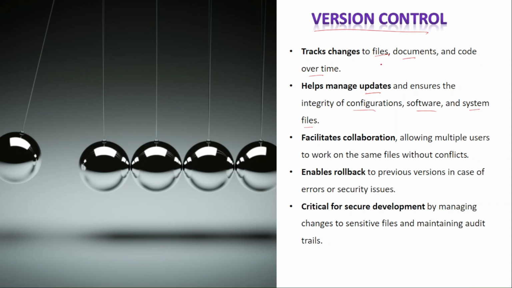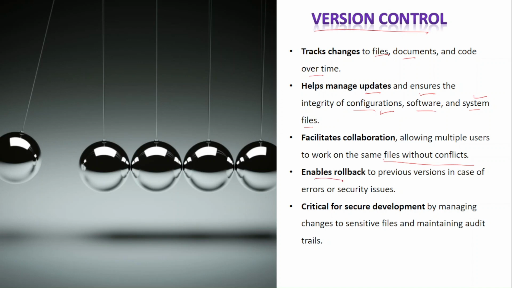So version control is not limited to software version control. It is for the configuration of, let's suppose, the network devices, the servers, the PCs, the software, as well as the system files. It facilitates collaboration, allowing multiple users to work on the same files without conflicts.